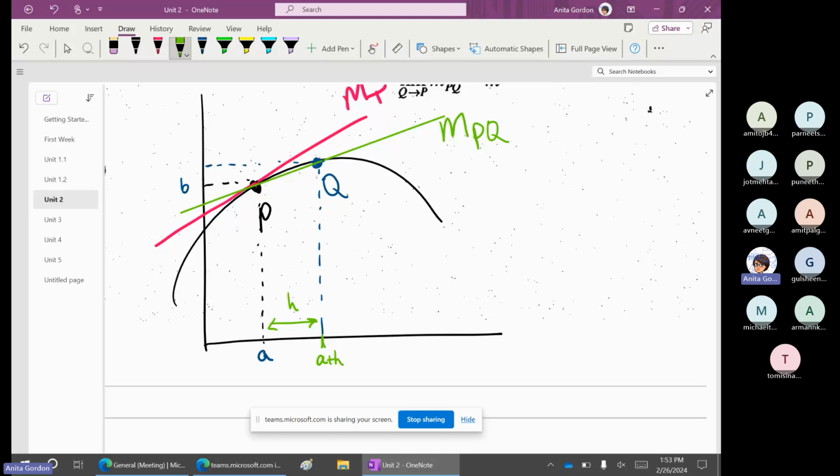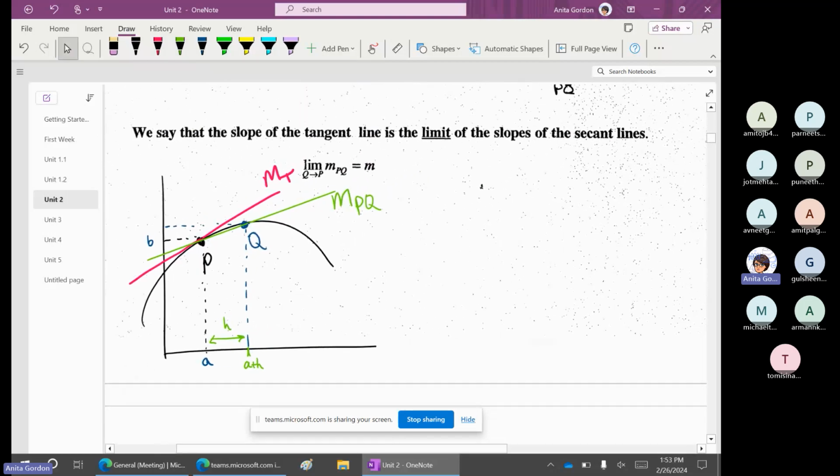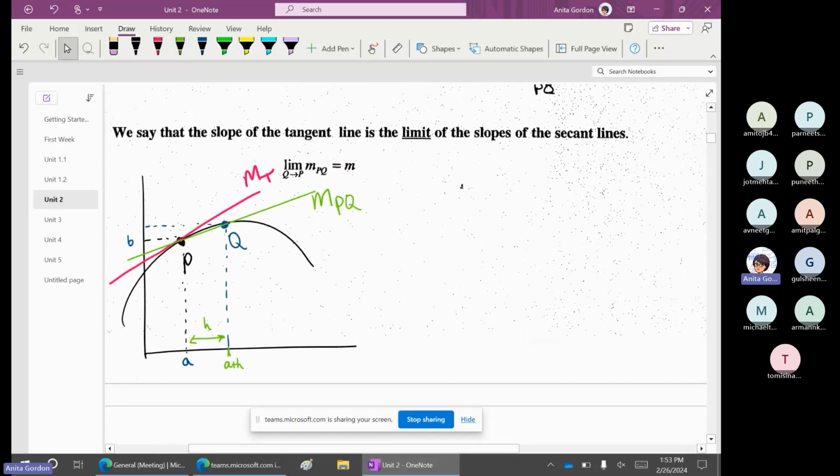Okay, so the way that we can find the slope, remember y2 minus y1 over x2 minus x1. Well, we have a function here. This represents x1 and this represents x2.